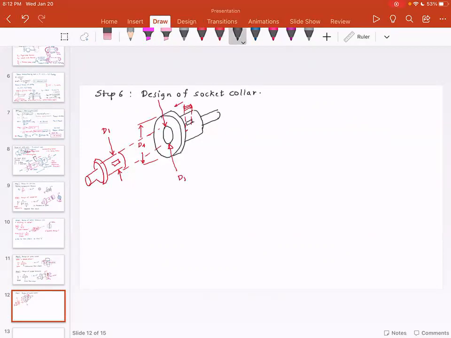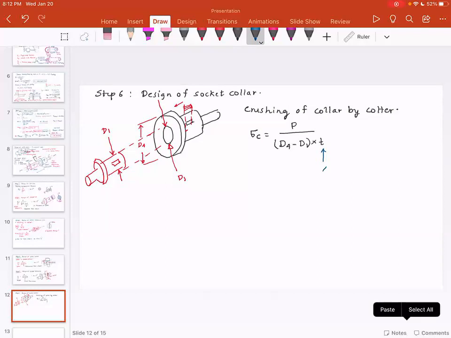So this failure is because of crushing of collar by cotter, and that is sigma c is equal to P divided by D4 minus D1 multiplied by T. Please note, T is the thickness of the cotter.